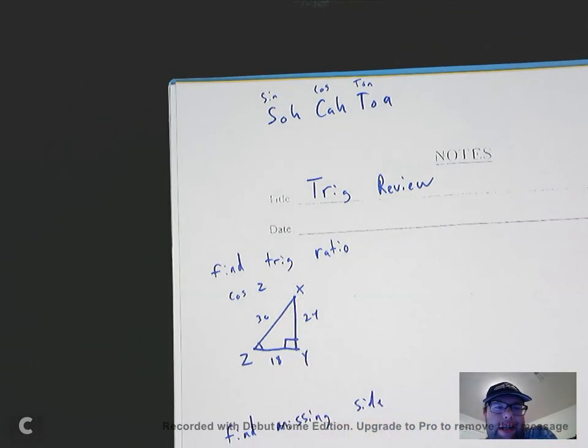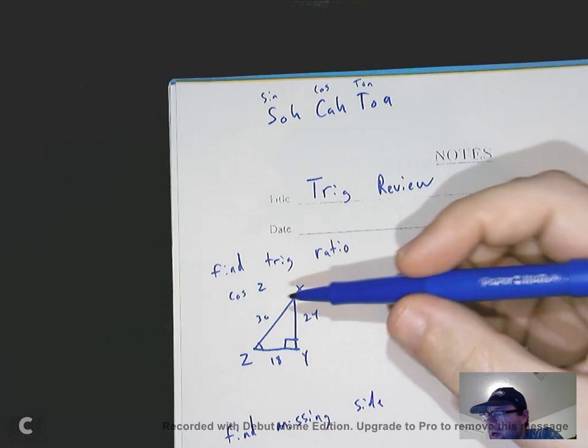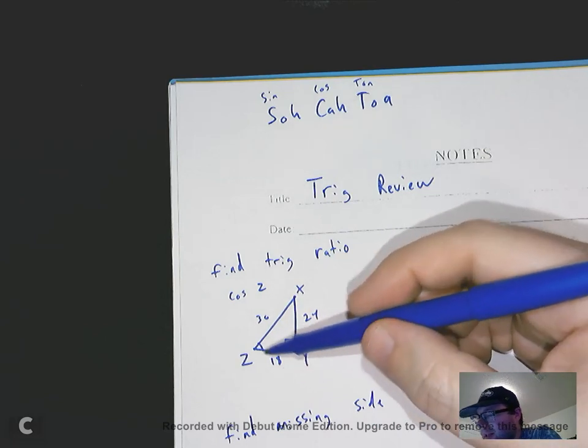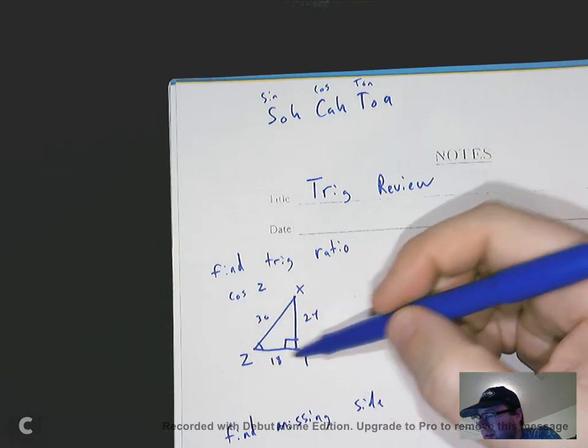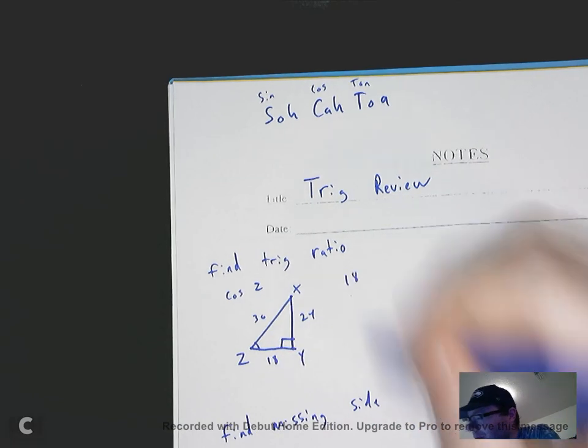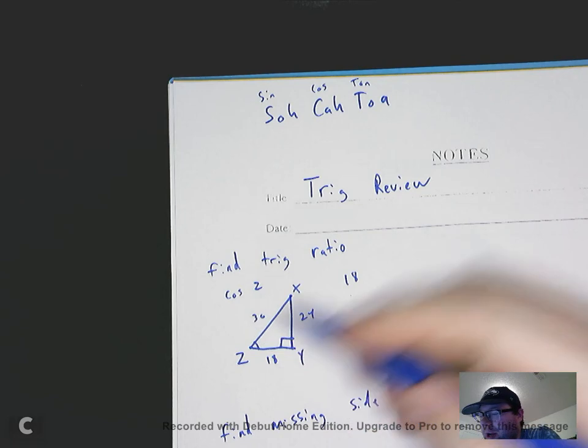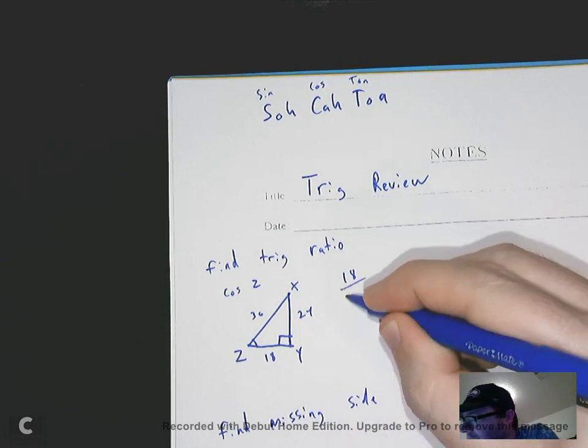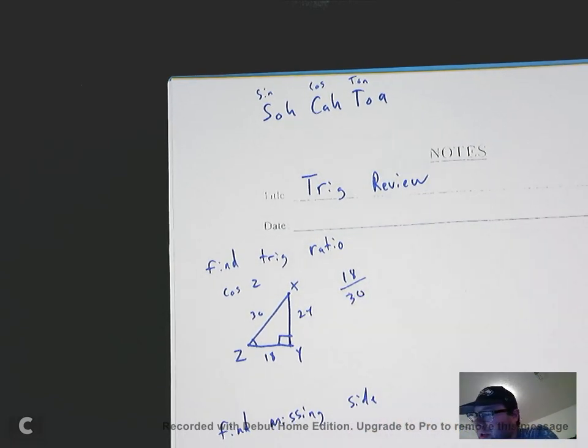So I need the adjacent side and I need the hypotenuse to set up this trig ratio. Well, the adjacent side would be the leg that shares the angle, so 18 would be adjacent, and then the hypotenuse is 30, right? It's always the side opposite the right angle.